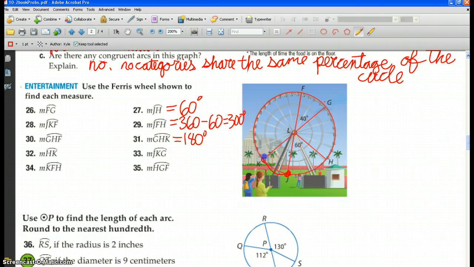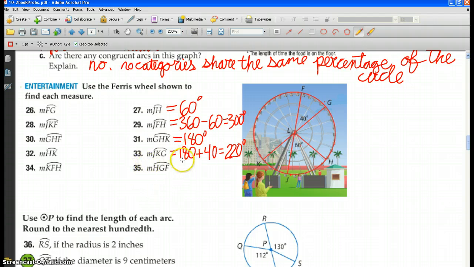J, K, G. Well, from K to G, that's a semicircle, plus we need KJ, which is vertical with 40, so it too will be 40. So we want 180 here, plus 40 there. So we get 220 degrees.